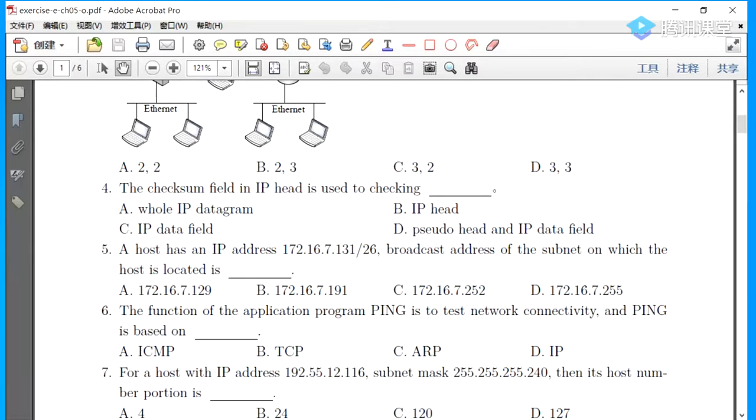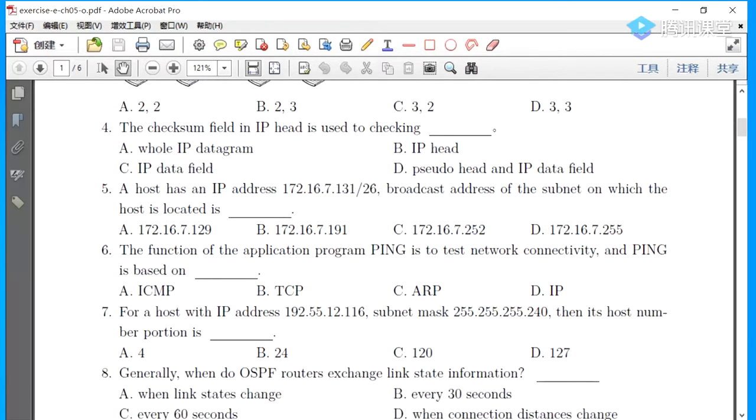Then 5 is a small calculation question. How to solve this kind of question?